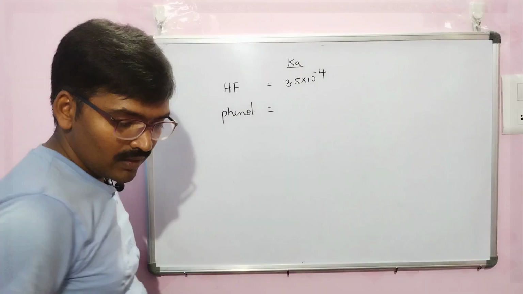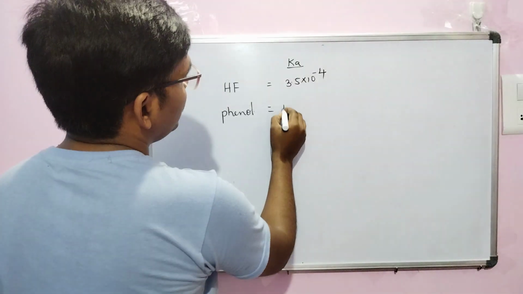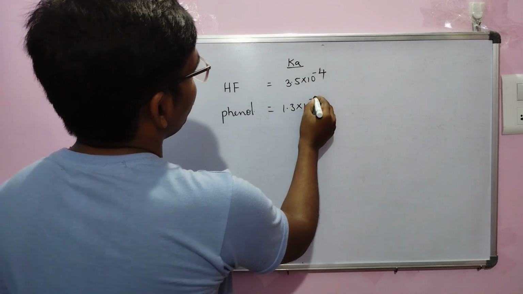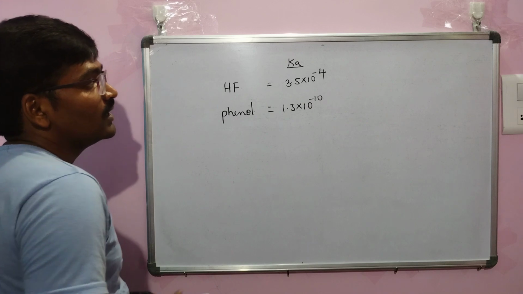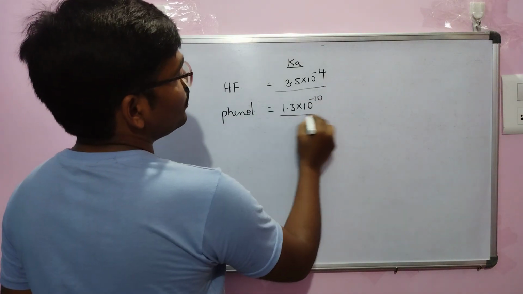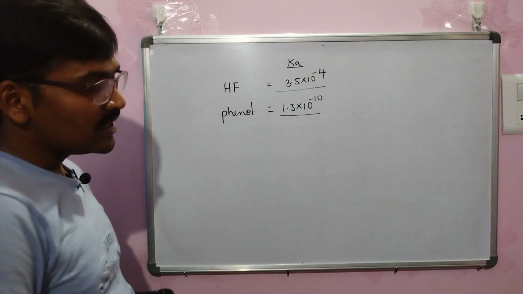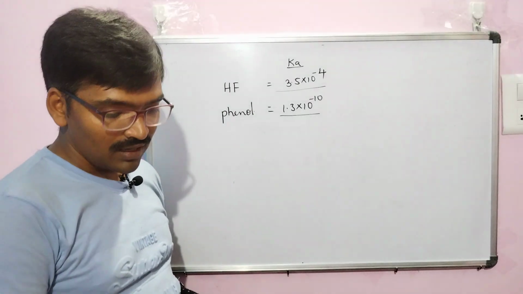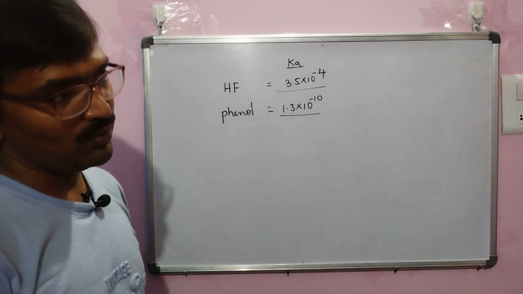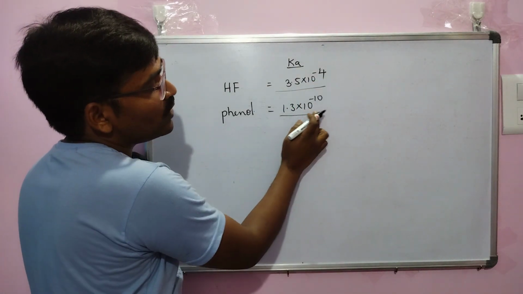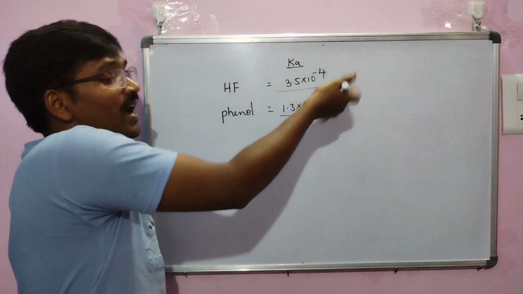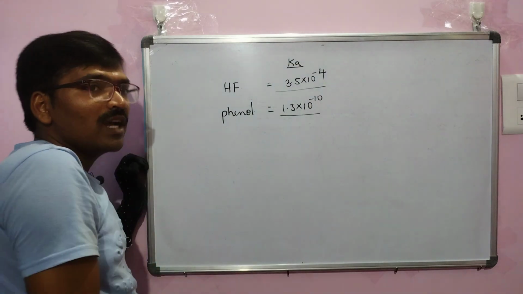For phenol it is given as 1.3 into 10 to the power of minus 10. Both are Ka values. What I told is that the one having the higher Ka value is the strong acid. Between 10 to the power of minus 4 and 10 to the power of minus 10, 10 to the power of minus 4 is the higher value.